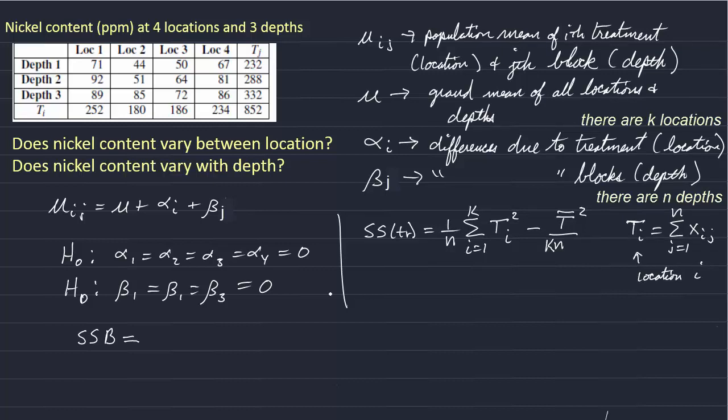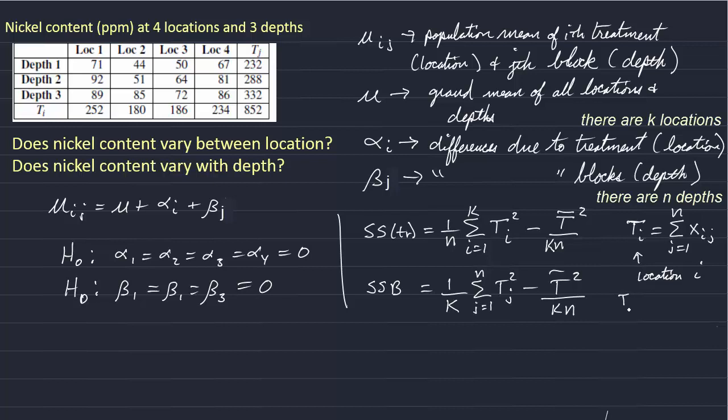So we could write a similar equation for our block effects as 1 over k, the number of samples, and we're summing from j equals 1 to n of T squared j, minus our total sum squared, divided by kn, the number of total measurements.